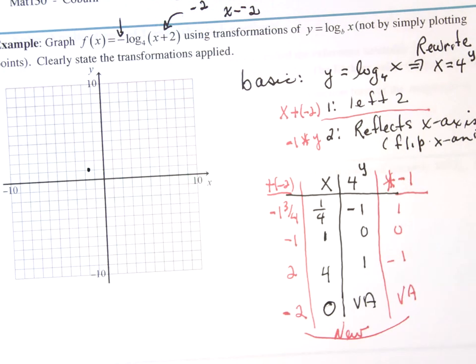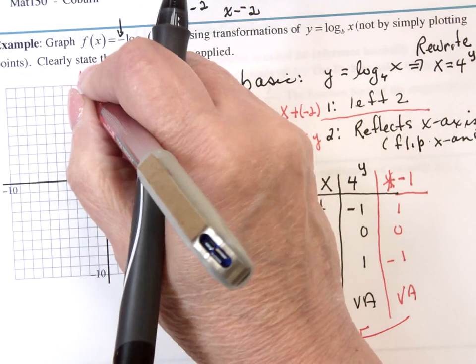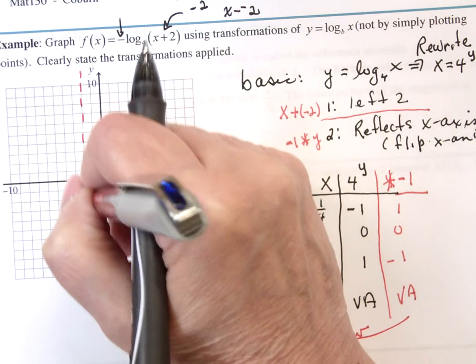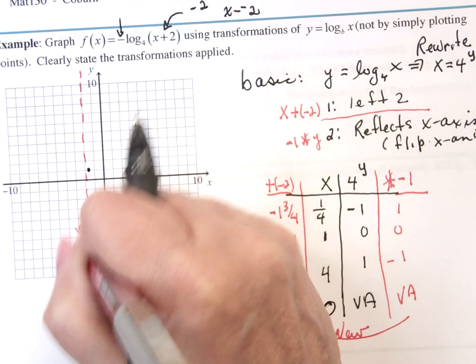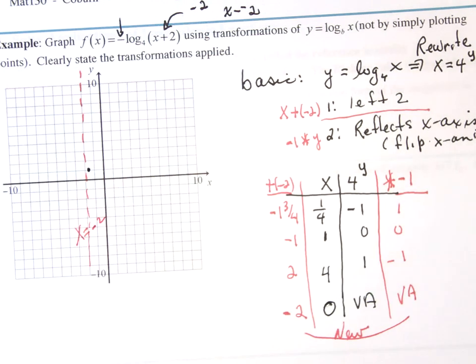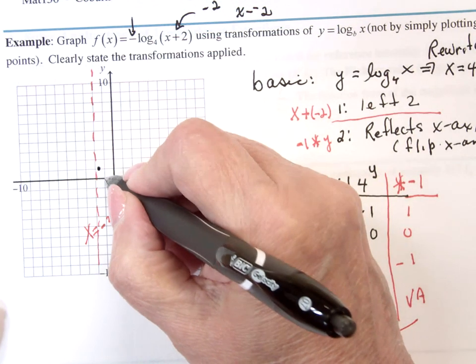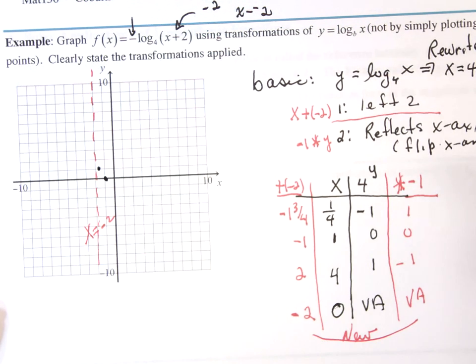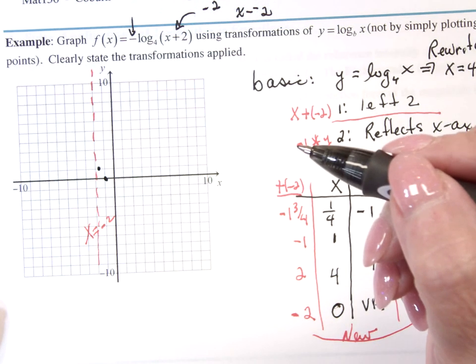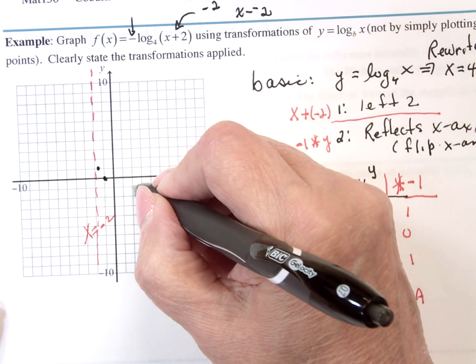And by the way, I forgot to put my VA in, and that becomes important because the graph rides along it. This is x equals negative 2, so that's my VA. Negative 1 is 0. And x equals 2 is negative 1.